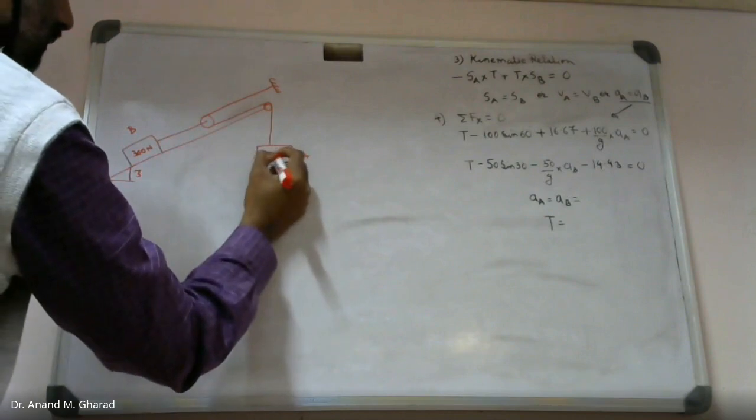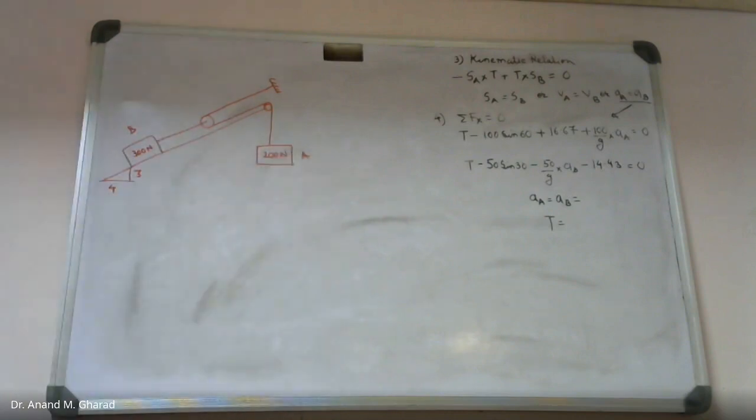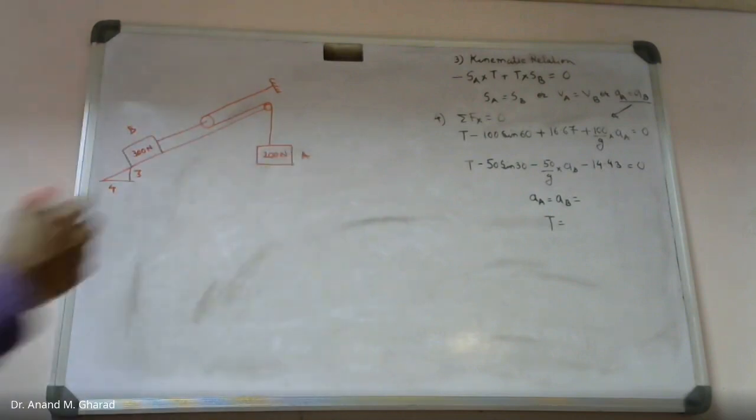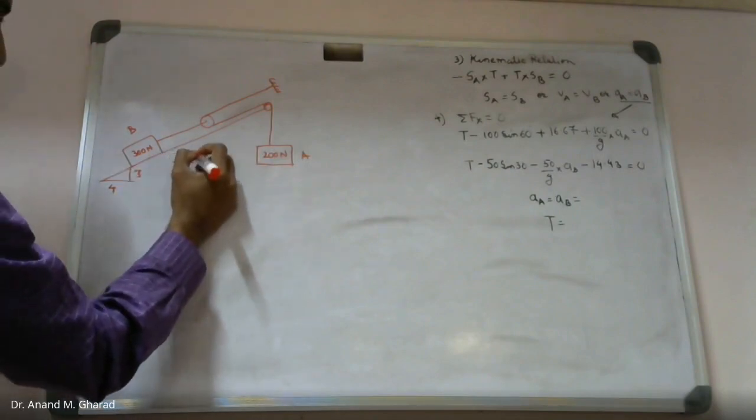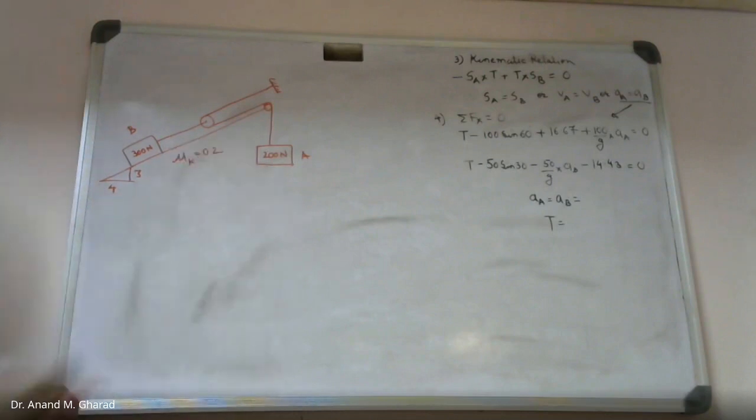300 Newton, 200. Coefficient of kinetic friction is 0.2.